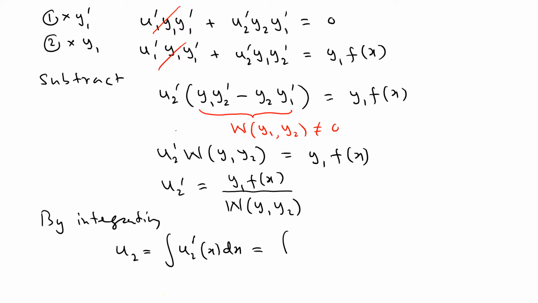So u2 is the integral of y1 f(x) over the Wronskian of y1, y2 dx. That's the first one. Now if you switch the indexes from 1 to 2, you get the other one, because it's exactly the same thing. You just need to multiply by the other one. So let's switch the index.